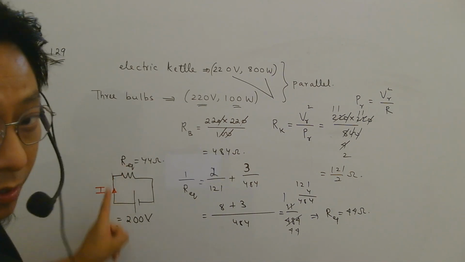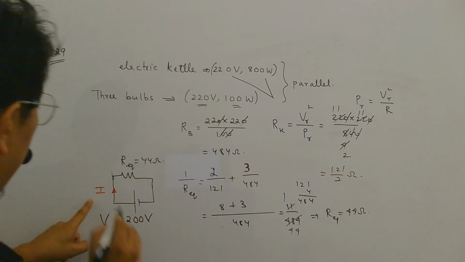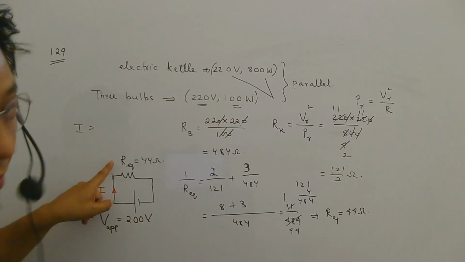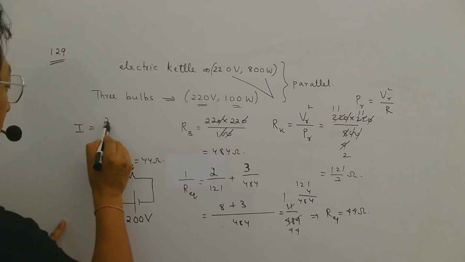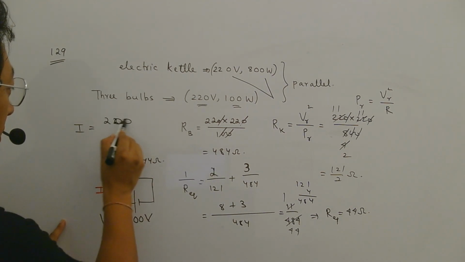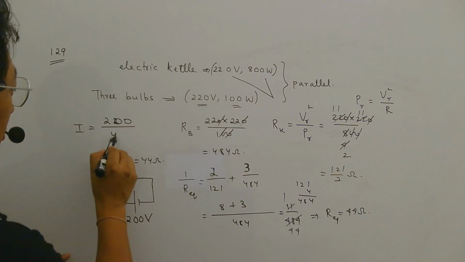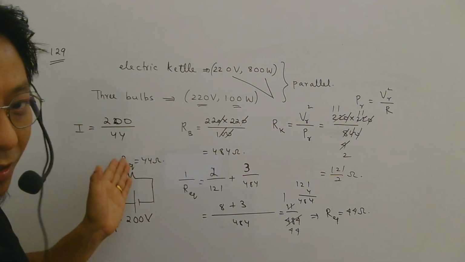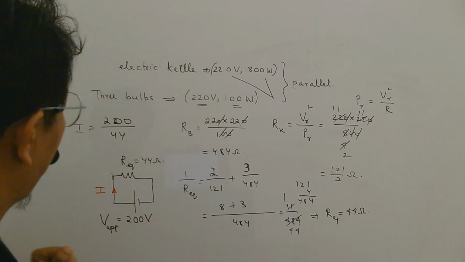So the current through the cell will be equal to voltage divided by resistance. Voltage is given, resistance is given. Ohm's law, right? Internal resistance is not mentioned, so no need to write capital R plus small r.